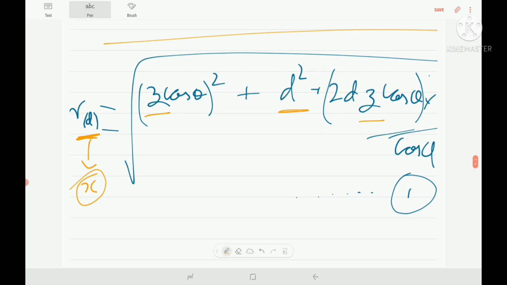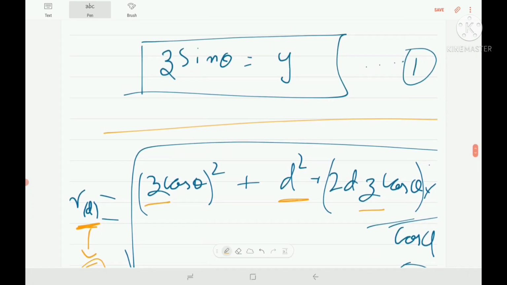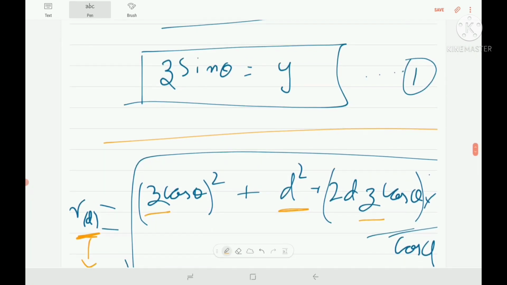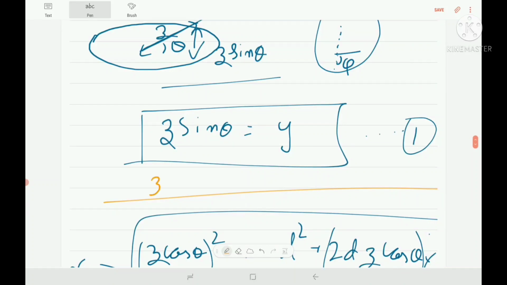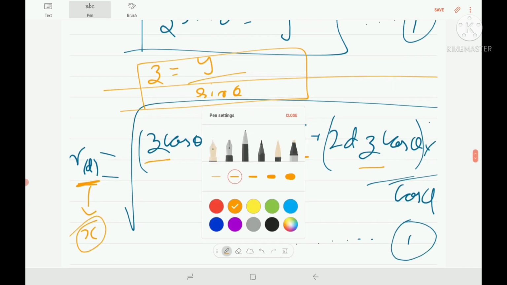Yeah. So here we will substitute this one, z. So I'm writing in here only the z as y by sine theta. Changing the color of the pen.